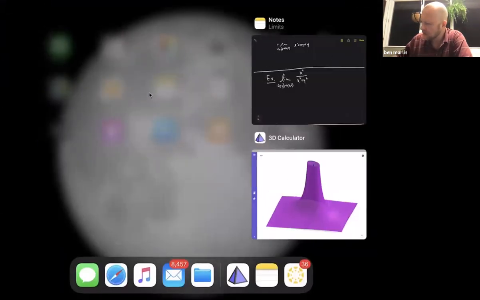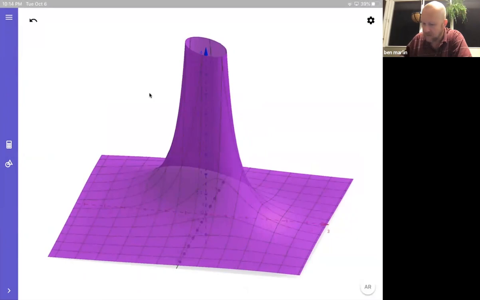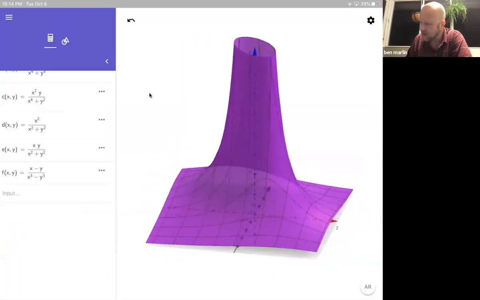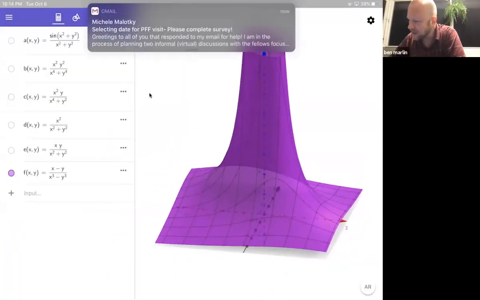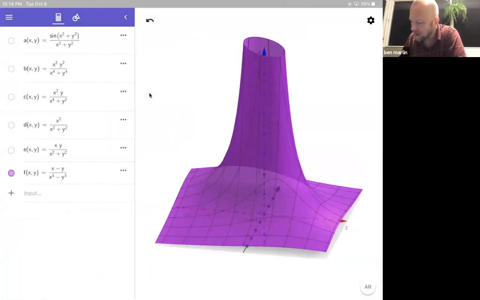So let's look at my 3D grapher here. I prepped all these ahead of time because they're a bit of a pain to type in.